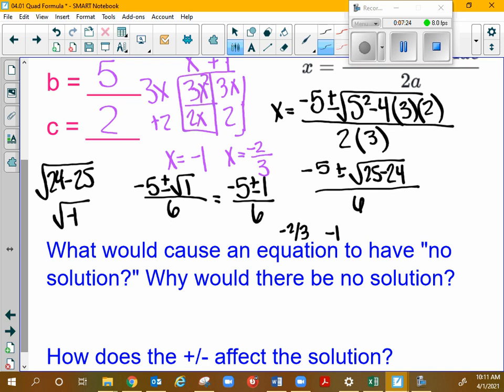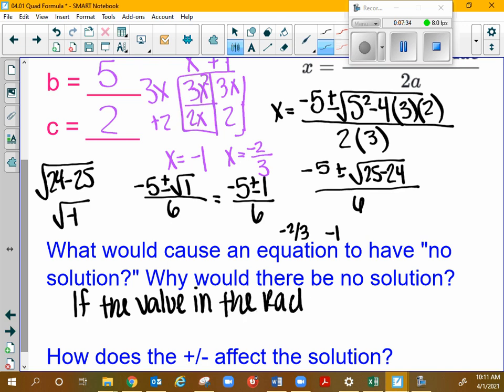So if the radical is a negative, so if you're doing the quadratic formula and you hit this step right here, and the value inside the radical is negative, you're done because there is no solution.